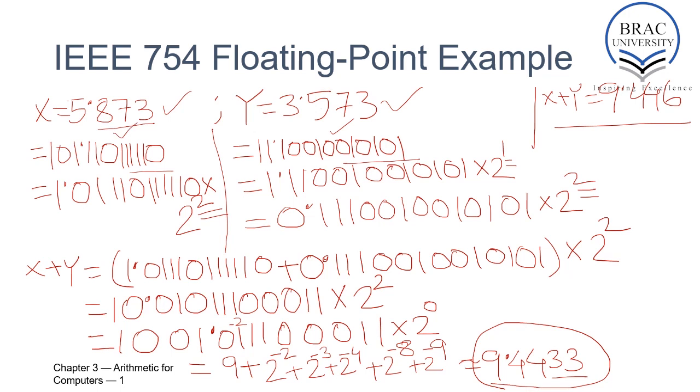We restricted ourselves at a certain point. If we consider all the binary points, then we would get close to the actual value, or exactly the actual value.